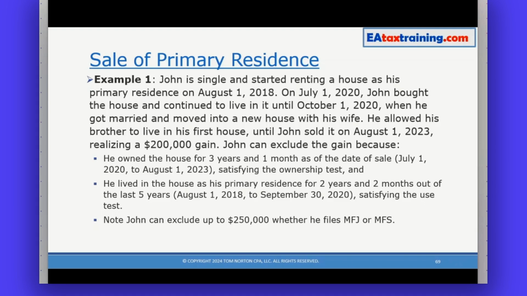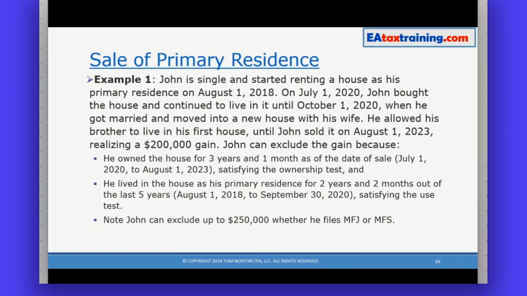Now, what if he had had a gain of greater than $500,000? He's married filing jointly. Would he be able to exclude $500,000 of gain married filing jointly? Well, remember, his spouse has to meet the use requirement in order to double that exclusion to $500,000. His spouse, if we look at the facts of this, she never lived in that old house.